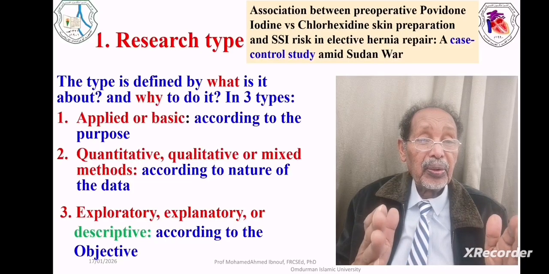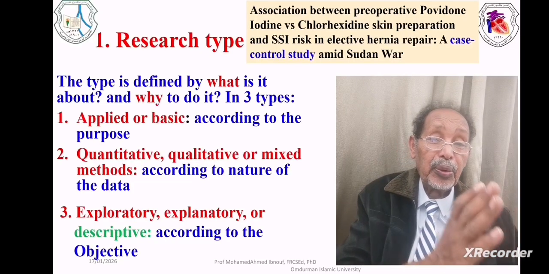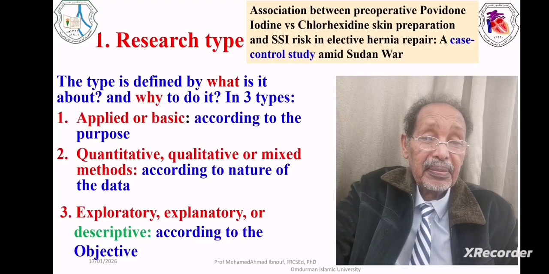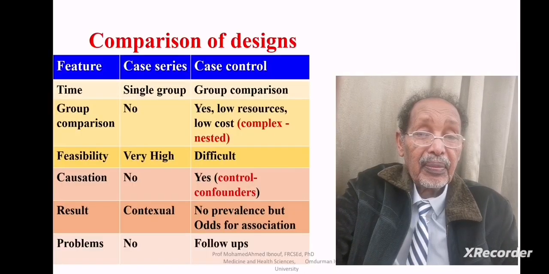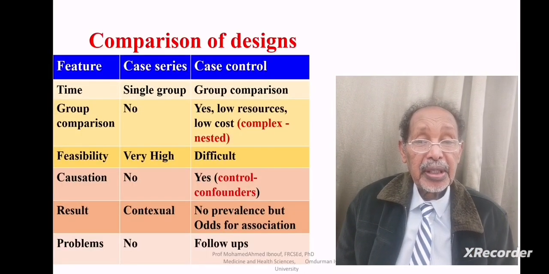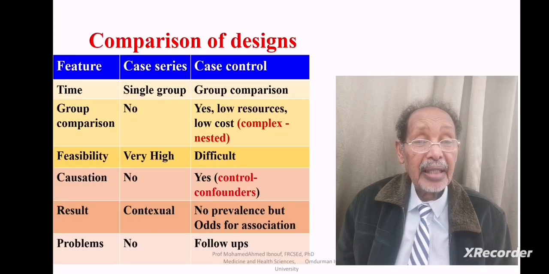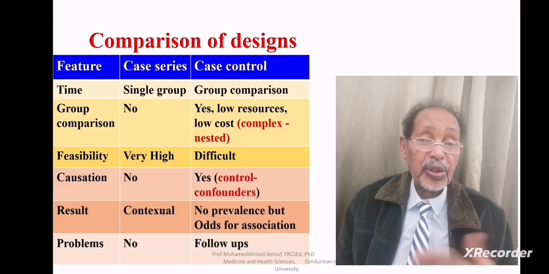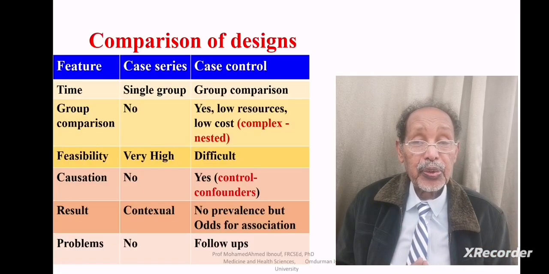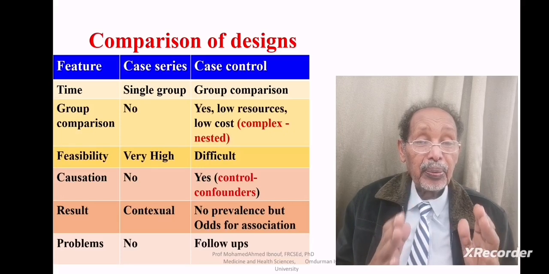We follow a group of patients and we compare it to another group of patients. And now let us compare also these designs, case series and case control. The case series is one group, while the case control contains 2 groups, in which there are group comparisons.